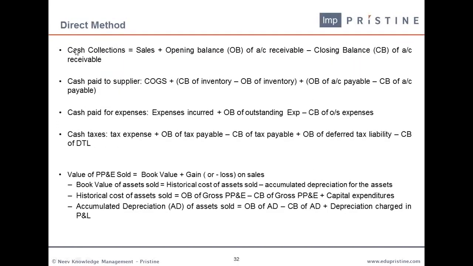For example, to find out cash collections, we take the sales, and we take the difference of the accounts receivable balance, so that we get how much cash is paid for the sales that took place. Similarly, we can find other expenses and income using the formula that I have mentioned.